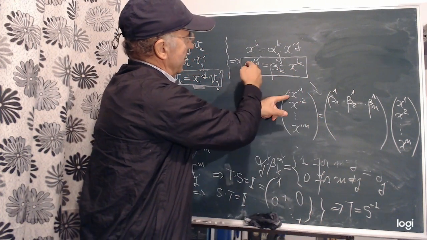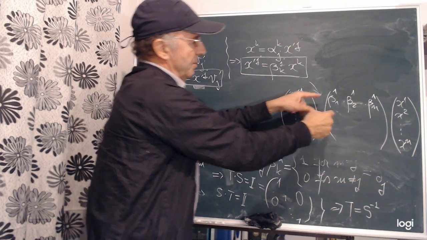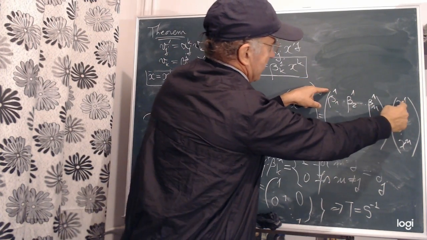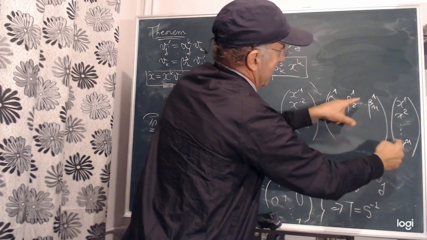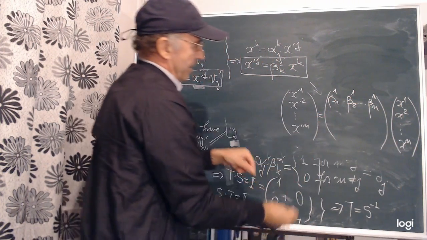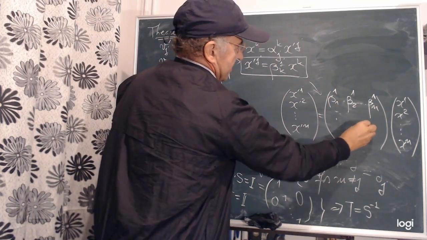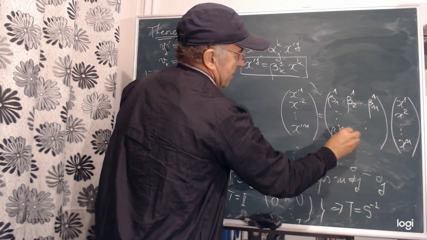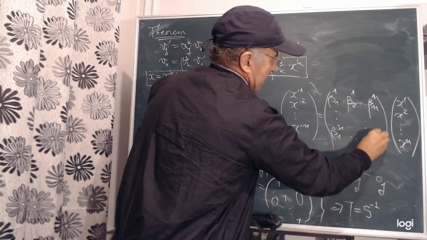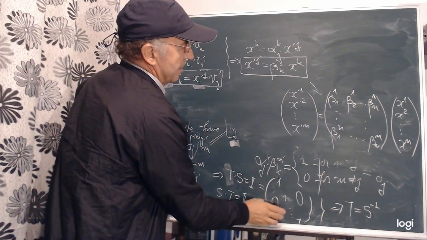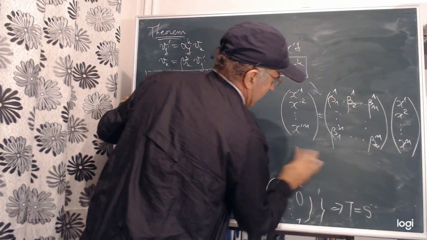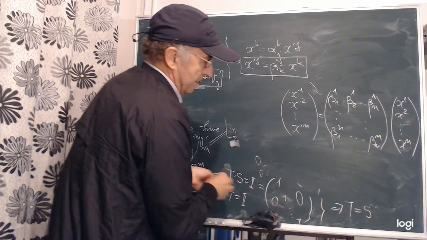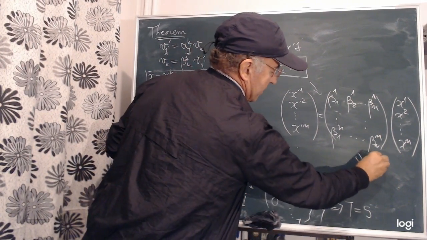So when j is 1, we have this multiplied by this plus this multiplied by this plus the last multiplied by this, and so on, beta 1n, beta nn. So we get that this matrix is exactly S minus 1.